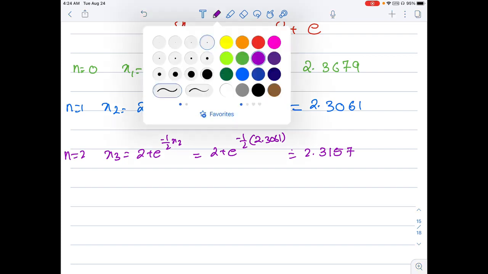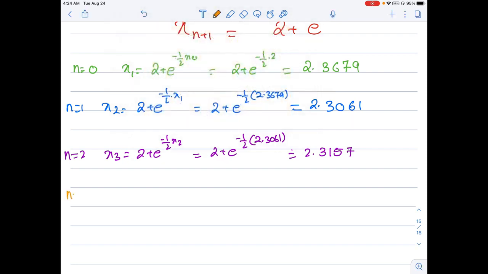Now I'm going to write n is equal to 3. So x4 is equal to 2 plus e to the power of negative 1 upon 2 x3. So 2 plus e to the power of negative 1 upon 2 times 2.3157. I take the calculator, and it becomes 2.3142.